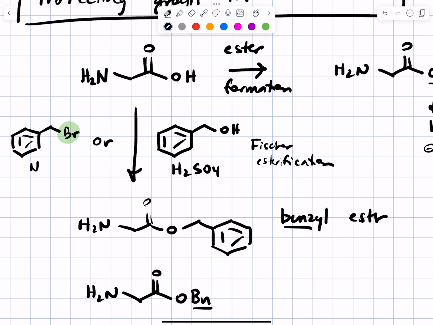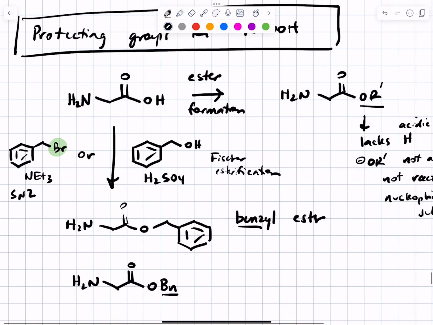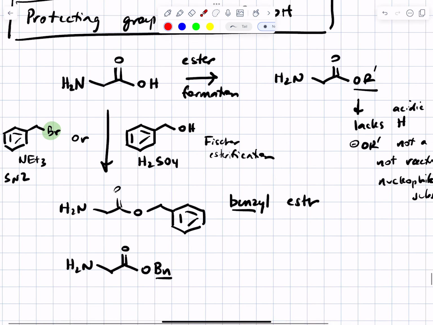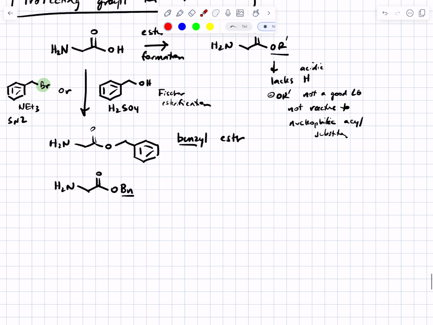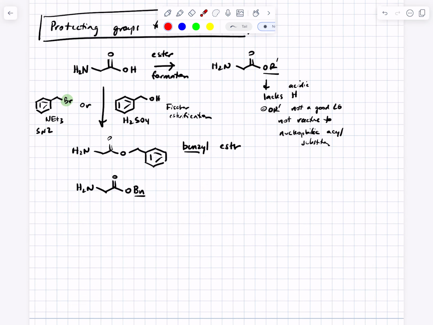You probably need a non-nucleophilic base here. Deprotonate, use the carboxylate as a nucleophile to do an SN2 reaction with benzyl bromide, and that will get you the benzyl protecting group. Importantly, as I said, we lack the acidic proton, and the carbonyl carbon is not really that electrophilic because OR minus is not that great of a leaving group. Okay, so that's the easy on.